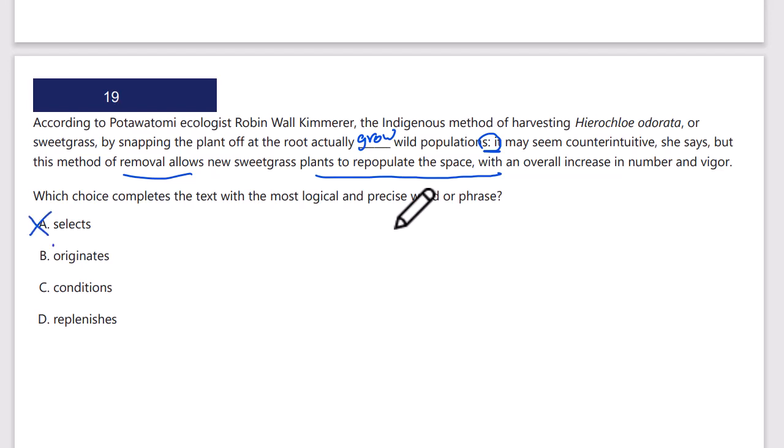Originates, that's like begin from the very first time. That's not really the idea here. It's not kind of a genesis. Conditions, well, no, it's not conditioning. It's not kind of training them or cutting them back. It replenishes. You break them such that they actually grow or replenish new plants. You repopulate.